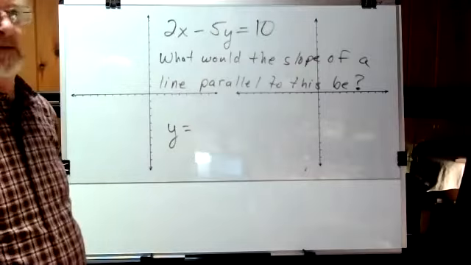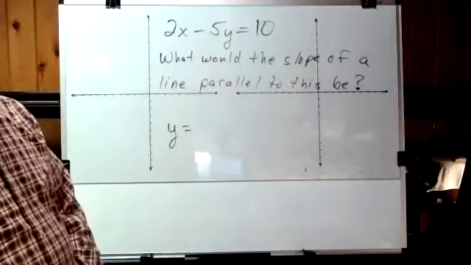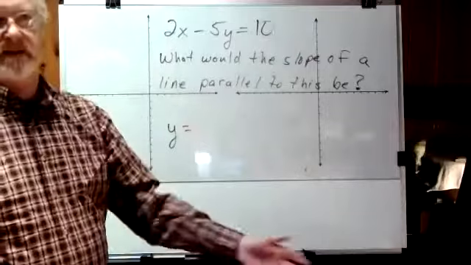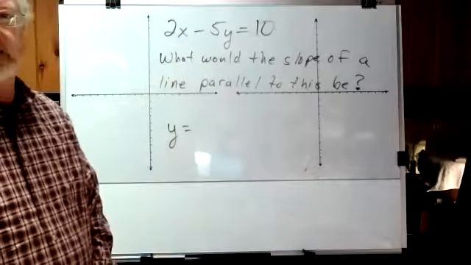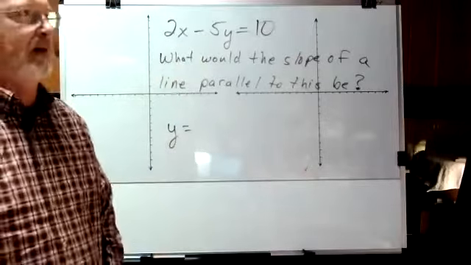As always, you can go this way or you can go that way. I usually leave the y's alone and I move the x's. And then I have to get rid of the number on the y. I'd have to divide by -5.